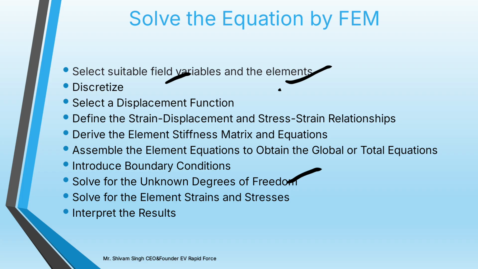After that, we find the strain and stress in each element, and after taking the results of stress and strain, we interpret those results. This is the whole analytical procedure to solve the finite element method.